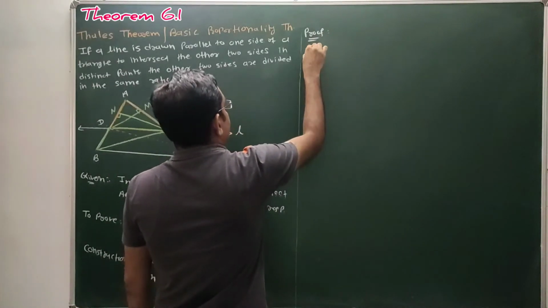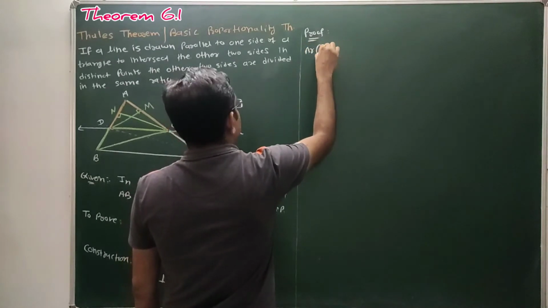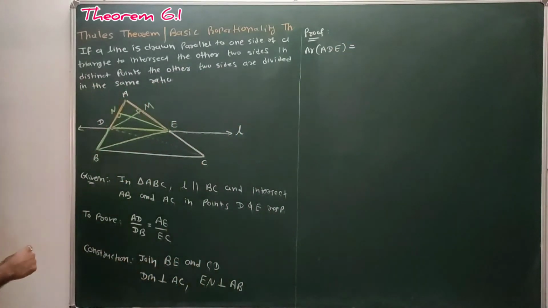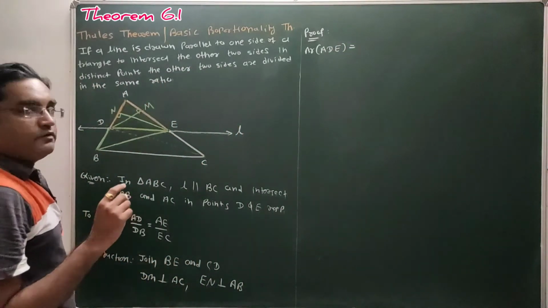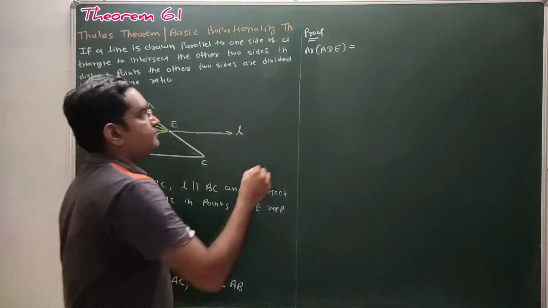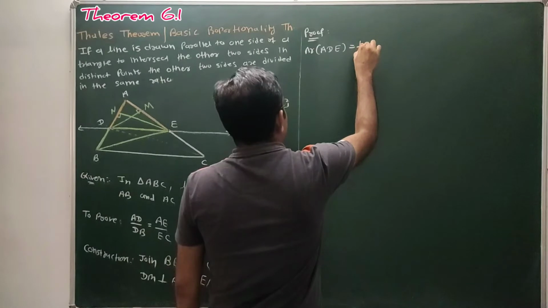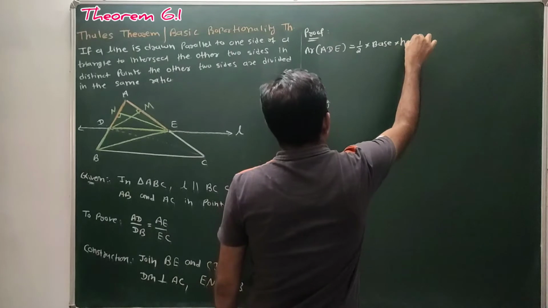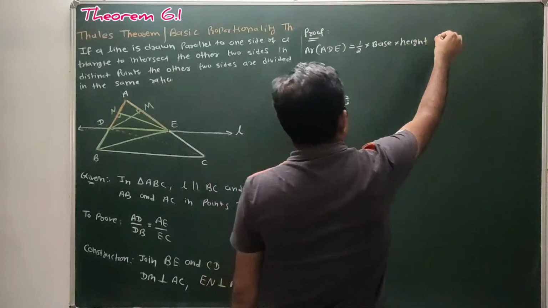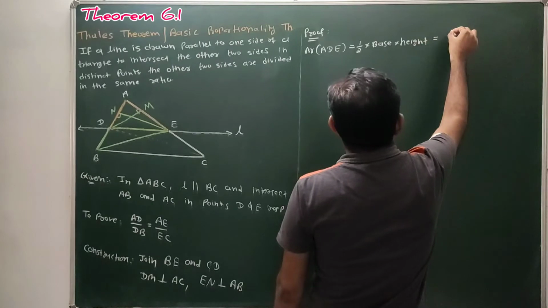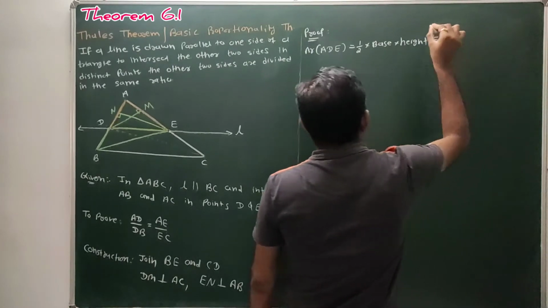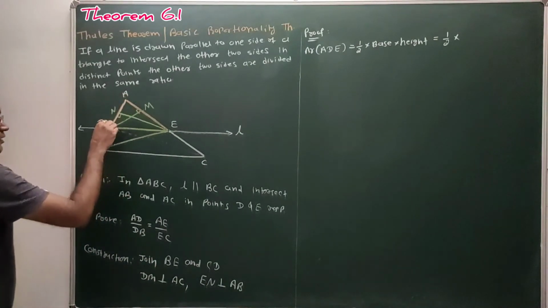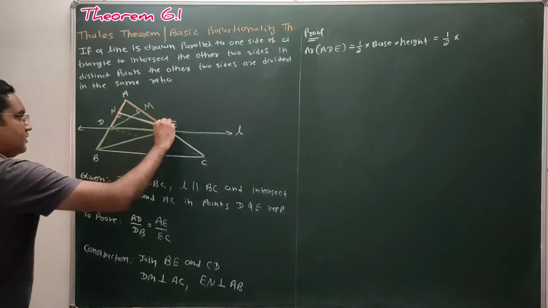So what is the area of triangle ADE? Area of any triangle is nothing but 1/2 into base into corresponding altitude, that means base into height. So here we can write the area of triangle ADE as 1/2, base AD and altitude, height, DE.